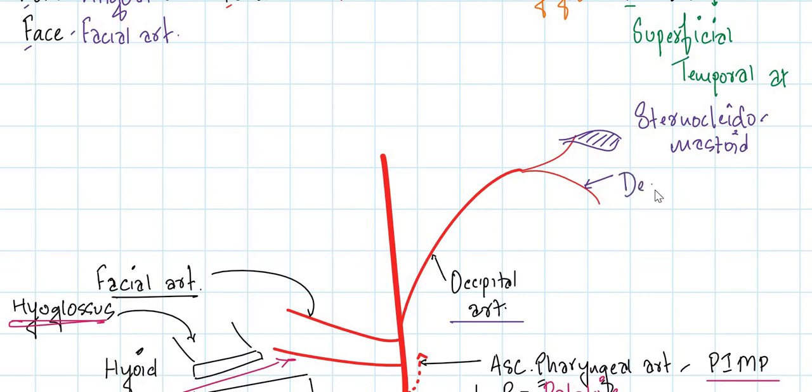It's going down, so whenever it's going down, that means it's called the descending branch. Now this descending branch is further dividing into two branches, one superficial and one deep. This is the superficial branch, and this is the deep branch.